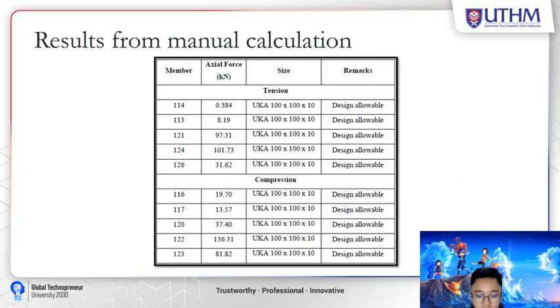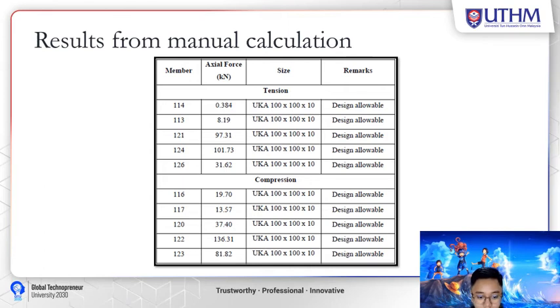For the compression, member 116 axial force 19.70, size UKA 100 times 100 times 10, allowable. Member 117 axial force 13.57, size UKA 100 times 100 times 10, design is allowable.